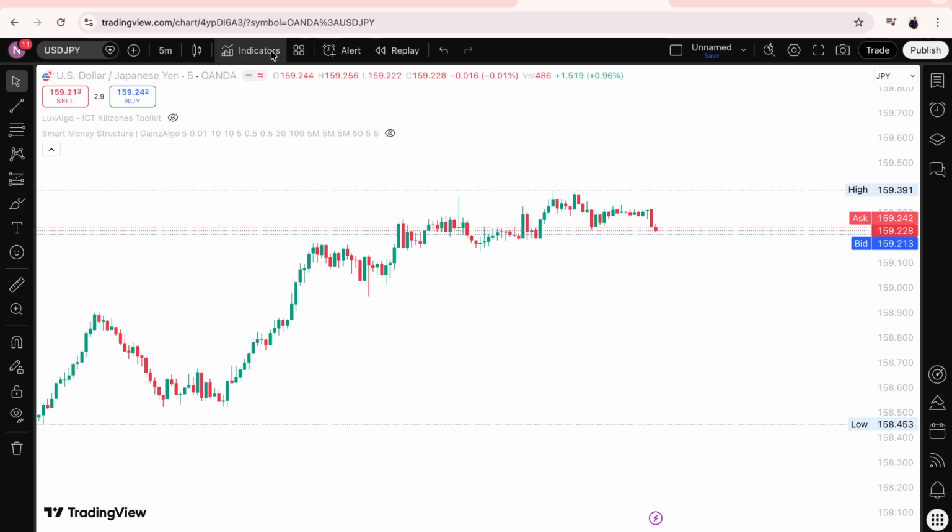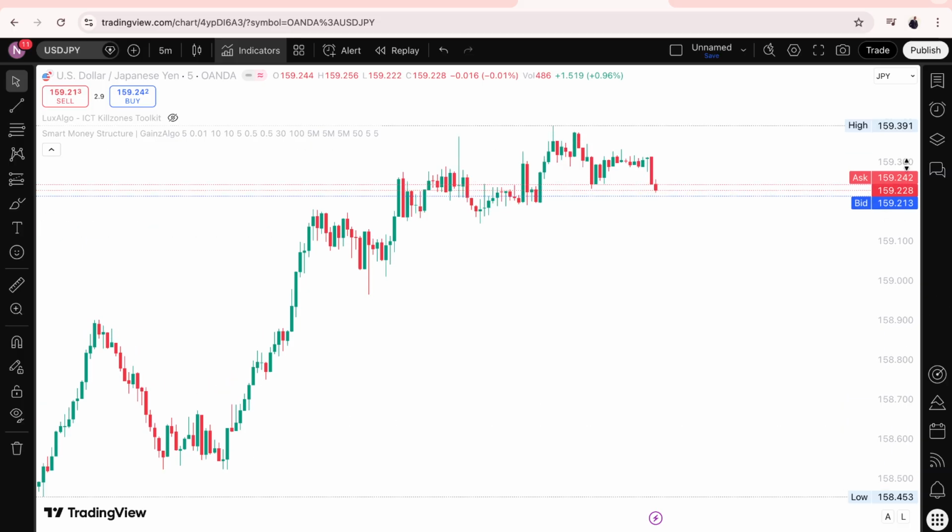So on your indicators, search for ICT Kill Zone. That is what you call the kill zone toolkit. It will help you analyze the whole market, and also make sure to apply the smart money structure strategy. First of all, I'll go to my indicators and choose the smart money strategy, which we do have here. We need to apply it.